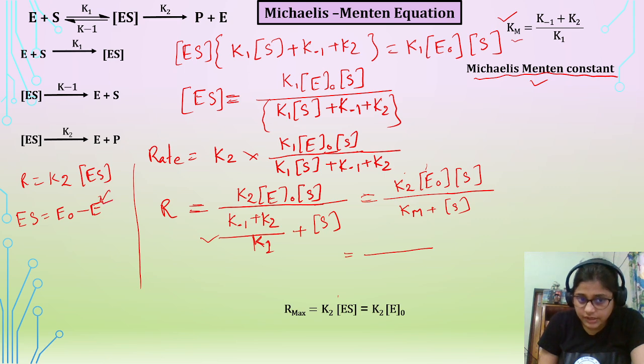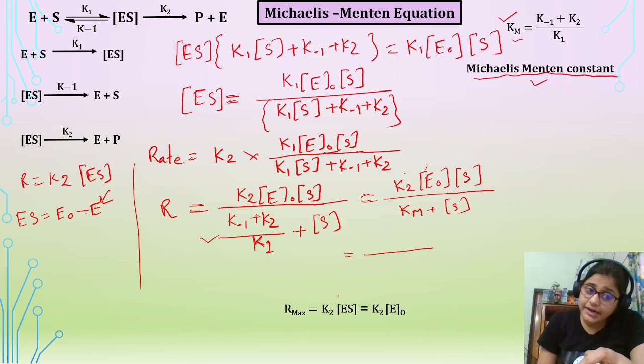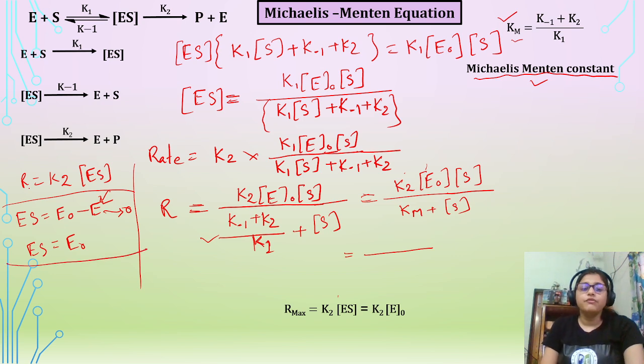This much of enzyme has not reacted. So for getting the highest rate, if all enzymes react, that means E will be now 0. So when all enzyme has reacted, E0 will be ES. Obviously, E0 will be ES. That time we can get the R max value.